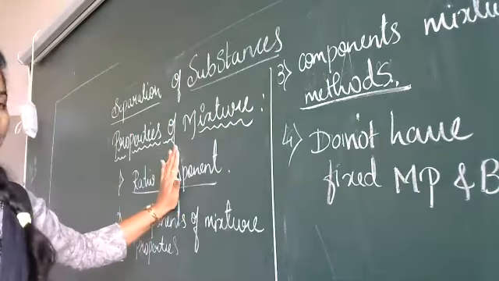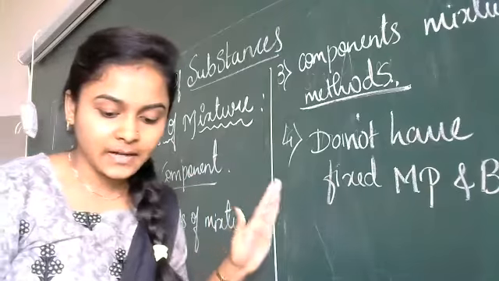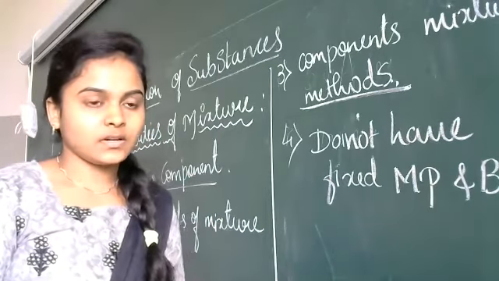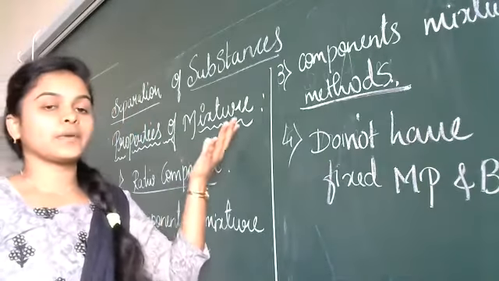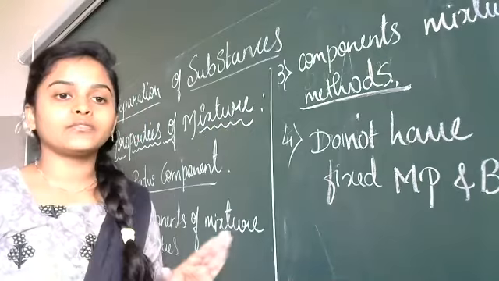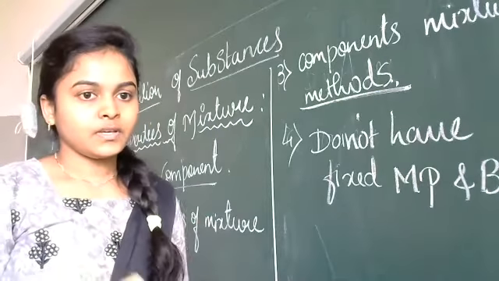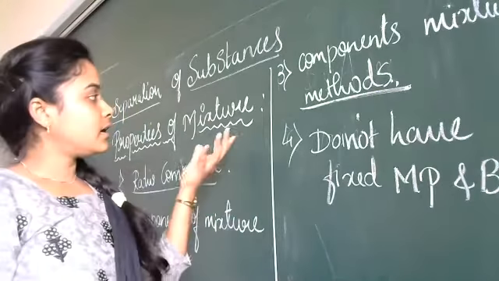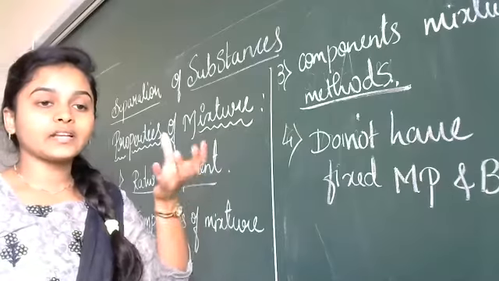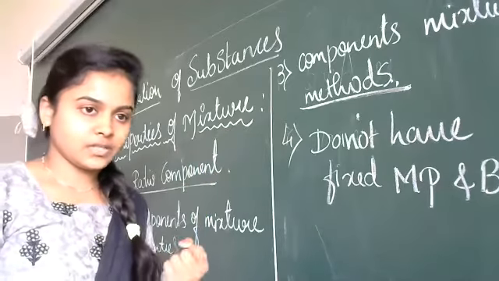Here, the first property says composition. The components which are present in a mixture are not fixed in ratio. In any ratio, we can add the components to form a mixture.